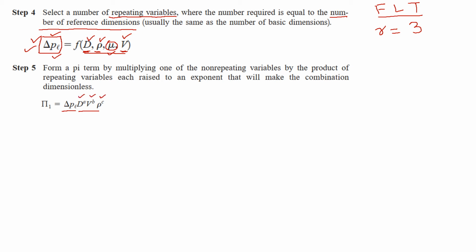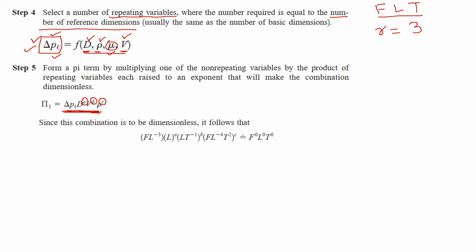And we will also raise the power of these repeating variables to certain exponents, that is A, B, C. So as you noticed, we raised the power of our repeating variables to certain exponents, and now we will write this term in dimensions form, and then we will equate it to a dimensionless entity like this. This is what we did.